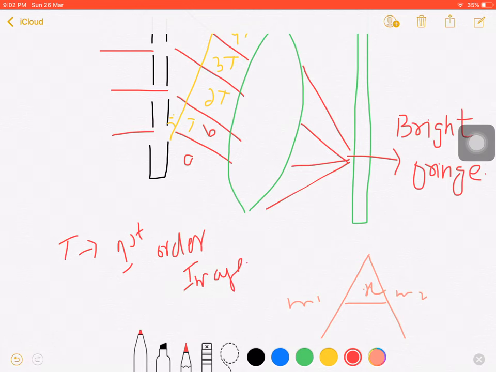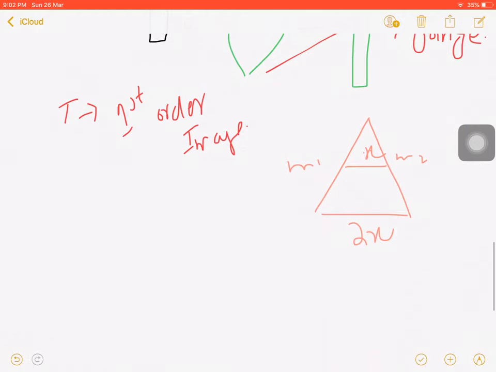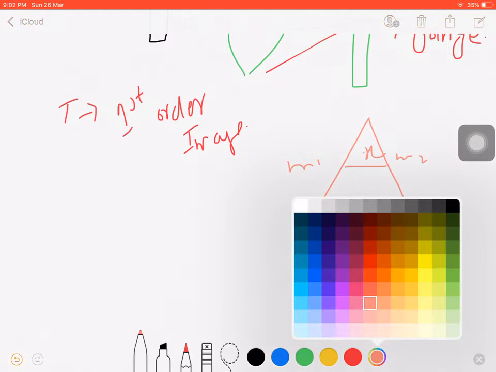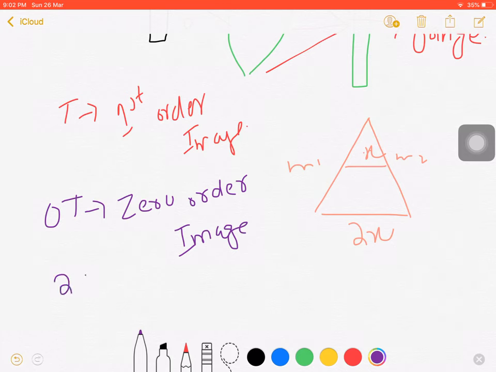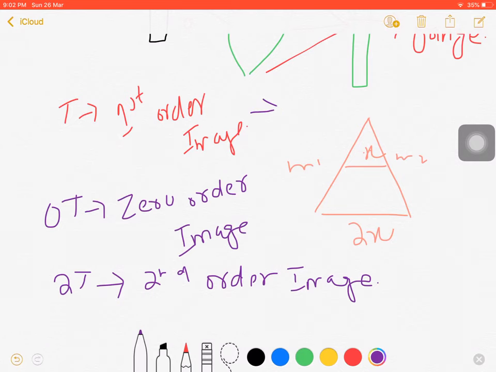But if there isn't any lambda over here, we have 0 lambda, then that is known as the 0 order image. If the path difference is 2 lambda, then that is known as the second order image. So here the formula will be D sine theta is equal to 0 lambda.